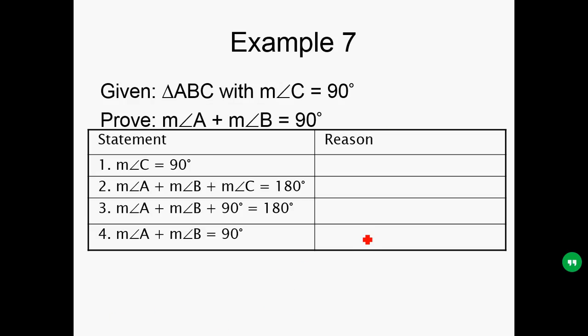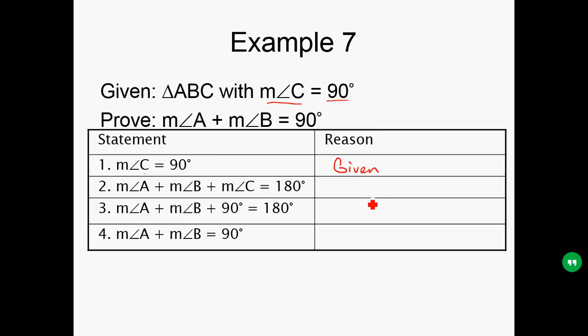Let's walk through this one. If I know that in triangle ABC, the measurement of angle C is equal to 90 degrees, well, that's given to us.